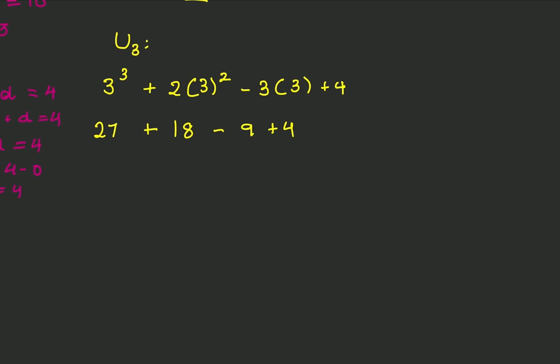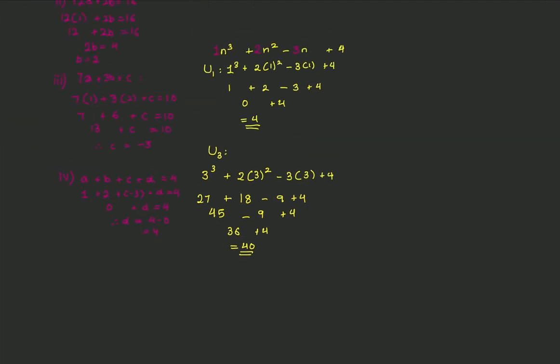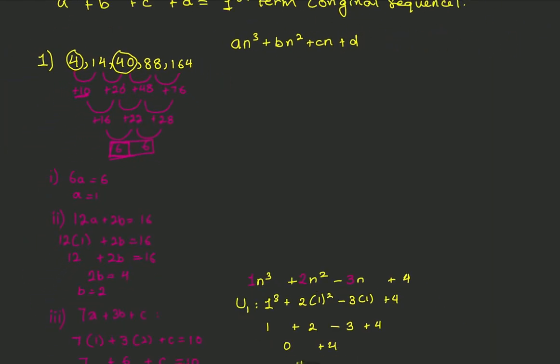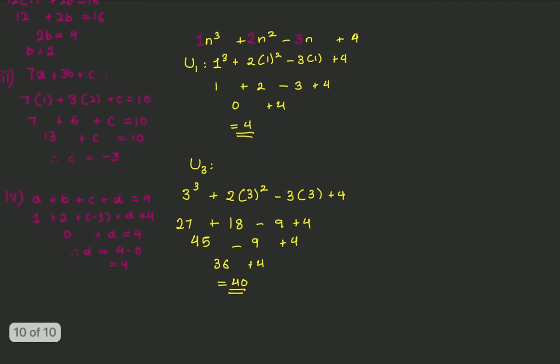So 27 plus 18 is 45. Minus 9 plus 4. So 45 minus 9 is 36, plus 4 is equal to 40. Let's see if that's our third term. Yep, there we go. That is our third term. So now we can say that the formula works as applied.